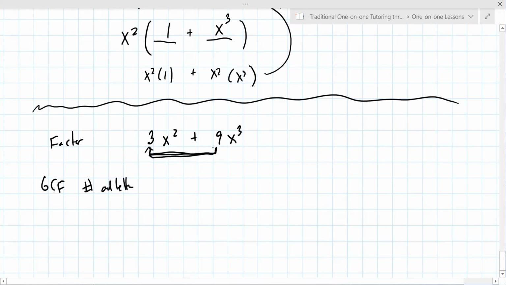What's common between 3 and 9? 3. You see that? Now, what's the greatest common factor between x squared and x cubed? It's always the smaller exponent. Okay, so now what goes in here? What goes in parentheses so that you get back to the original?